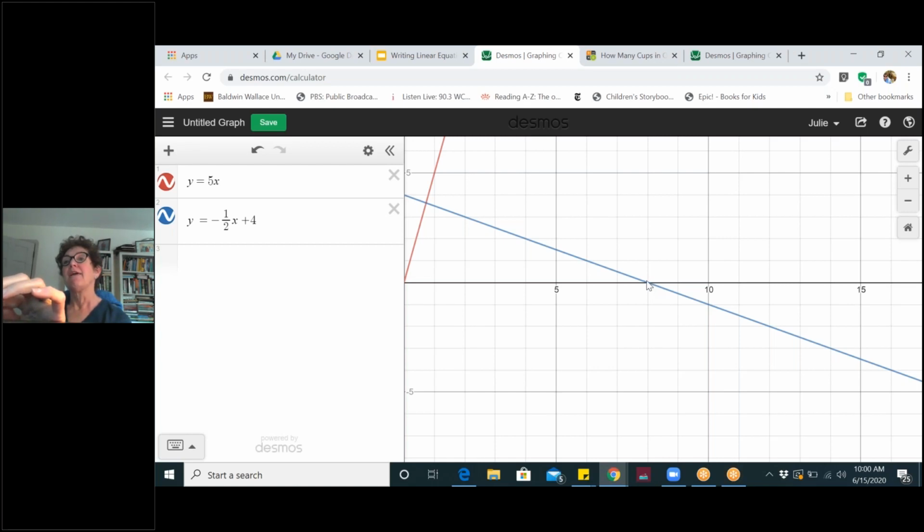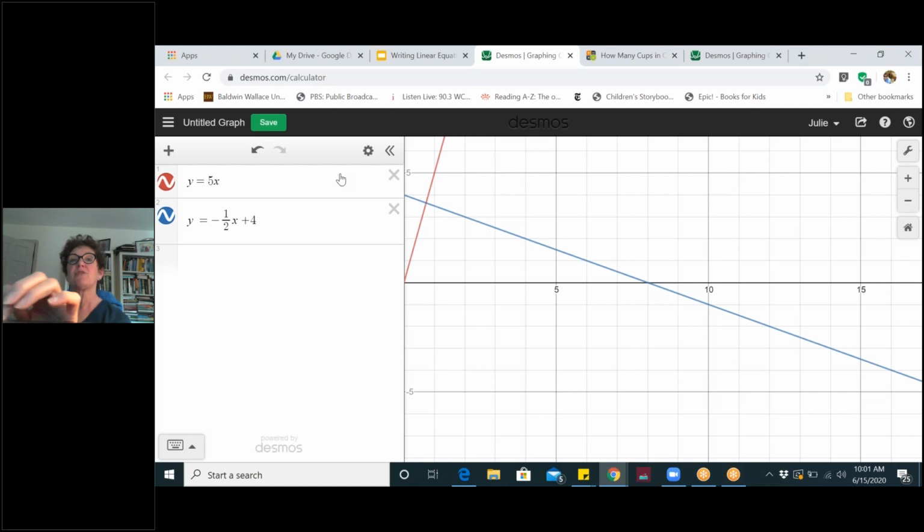What point is this right here? On the x-axis, it's 1, 2, 3, 4, 5, 6, 7, 8. It's not going up or down on the y, so that's 0. So this point is 8, 0.